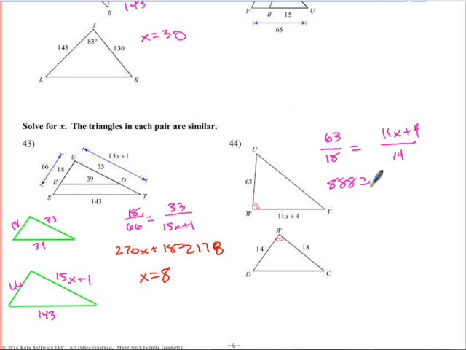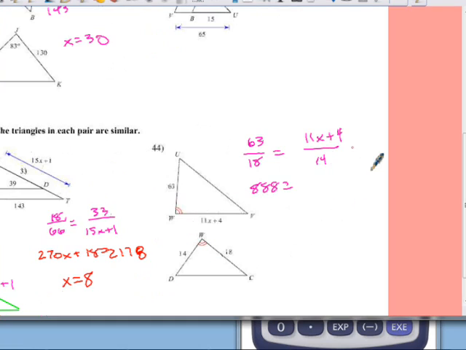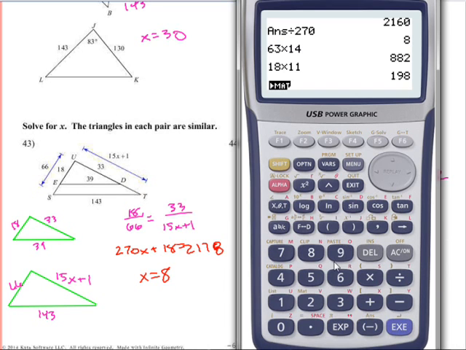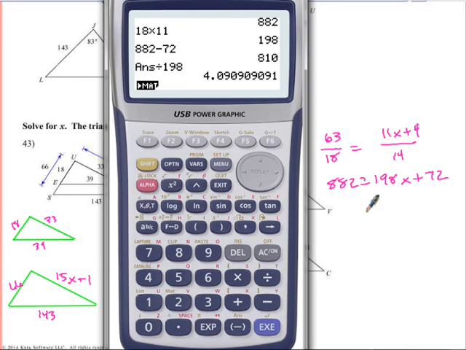So 882 equals 18 times 11, which is 198x plus 72. And then let's do 882 minus 72. And then 810 divided by 198. And we get 4.1.